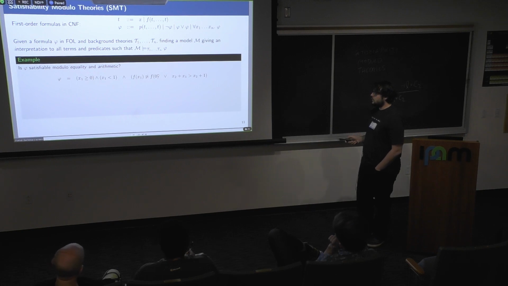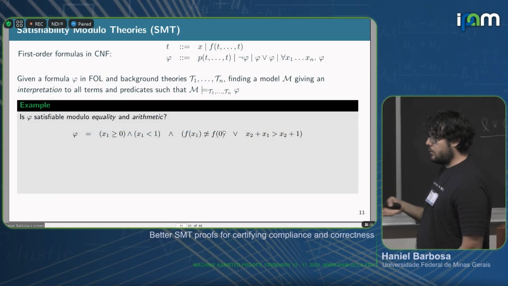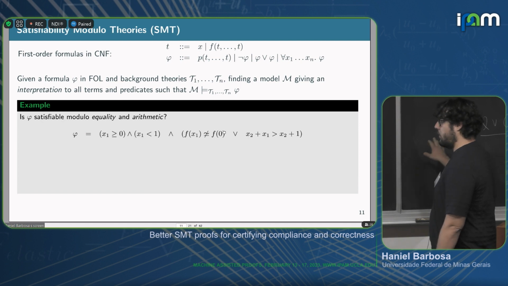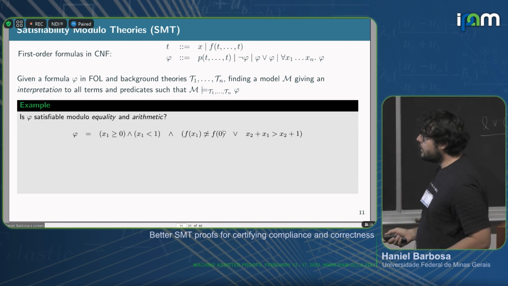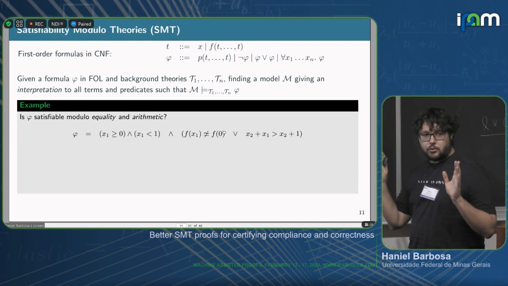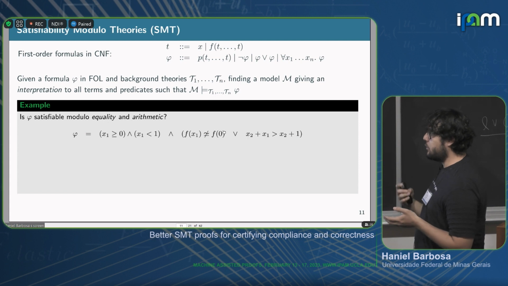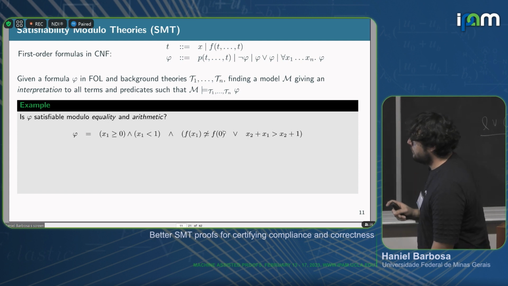This is equality, as defined such that non-syntactic equal things can be entailed equal for different reasons, like congruence. If x is equal to y, then f of x must be equal to f of y, for example. F is an arbitrary function. This is what we call an uninterpreted function because it has no fixed interpretation. Okay? That's an SMT problem, for example.